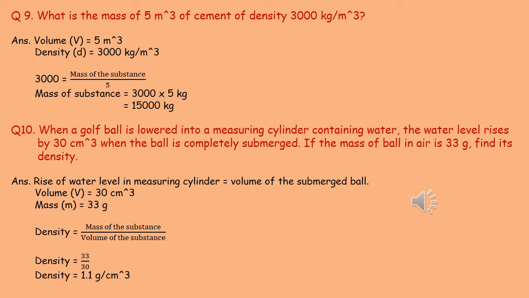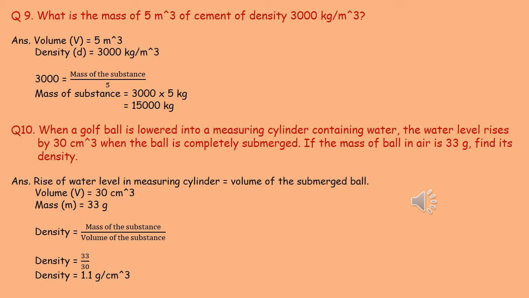Question number 10. When a golf ball is lowered into a measuring cylinder containing water, the water level rises by 30 centimeter cube when the ball is completely submerged. If the mass of the ball in air is 33 gram, find its density. So the rise of water level in the measuring cylinder must be equal to the volume of the submerged ball.